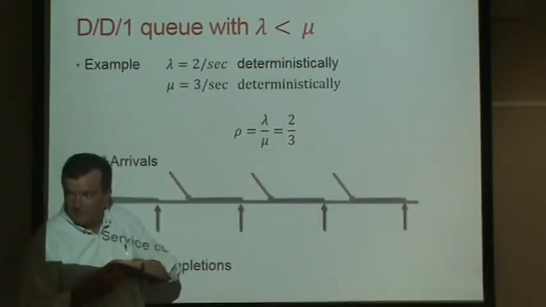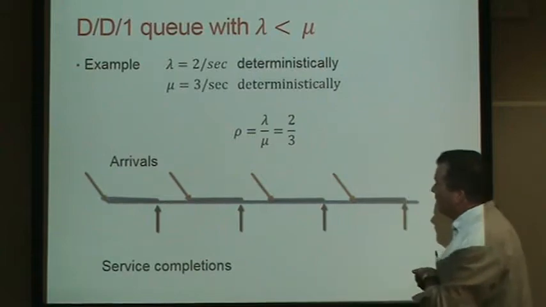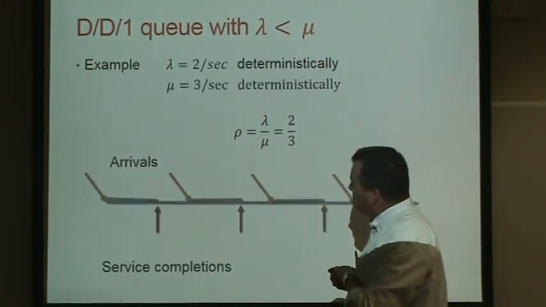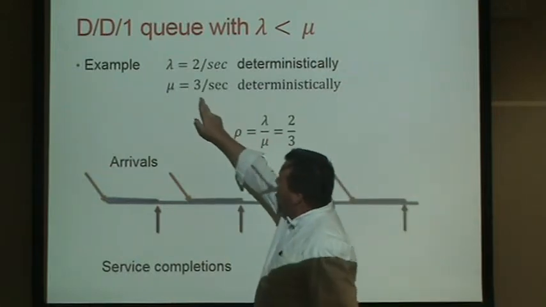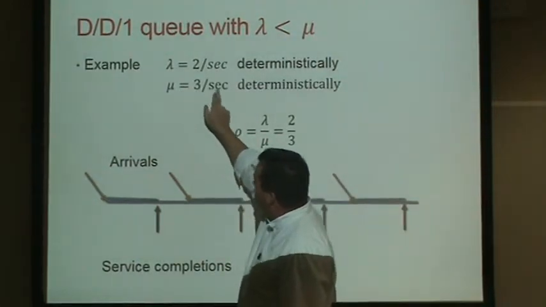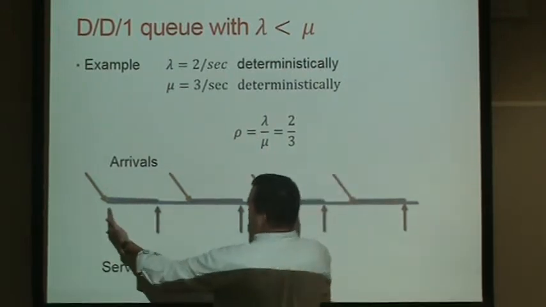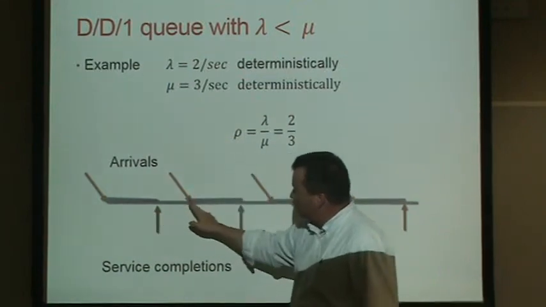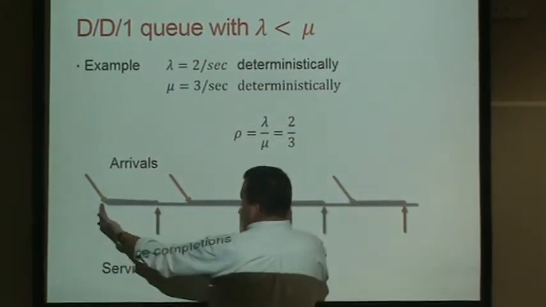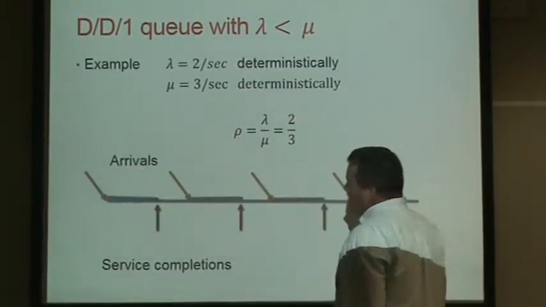Yeah? I have a question. Yes. You said the service times are 1/3 each, but the lines are covering up like about 2/3 of the space. Well, the service speed, the rate is 3 per second, which is like 1/3 of a second each. So this is actually 1 second. Maybe I should have put. Okay. Right, because the arrivals are 2 per second, so that's 1 second, and then that's 1 second.